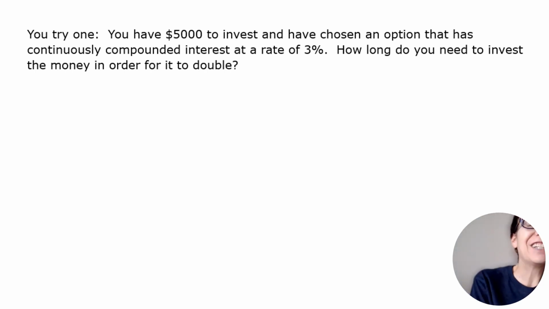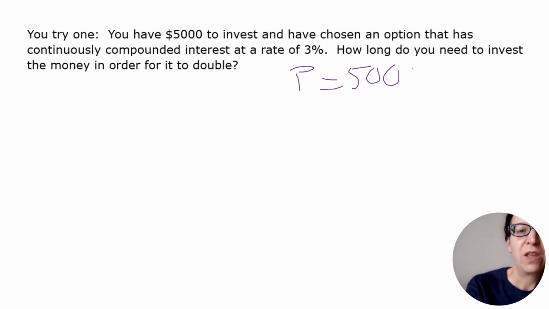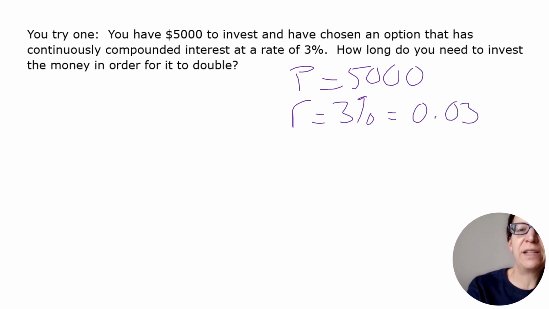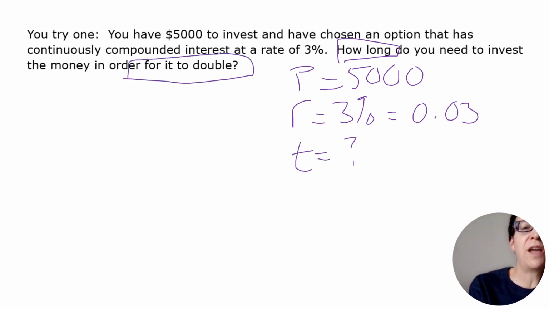All right, so we have $5,000 to invest. That's our principal. We know that the interest rate is 3%. Don't forget to change that over to a decimal. And then it says how long, so we're looking for t in order for it to double. There's a couple of ways that you can do this, but in this case, the final amount, if we want it to double, would be $10,000.